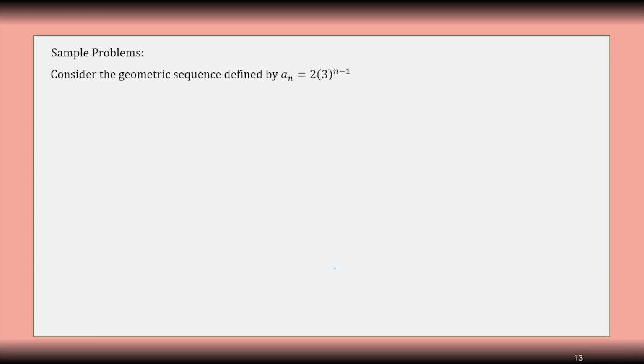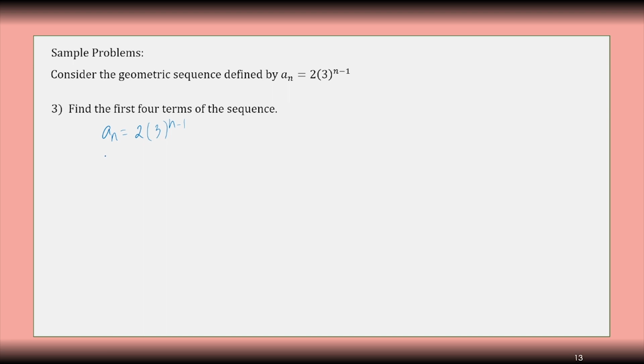Next one. Consider the geometric sequence defined by a sub n is equal to 2 times 3 to the power of n minus 1. Find the first four terms of the sequence. First, let us find a sub 1. Using a sub n equals 2 times 3 to the power of n minus 1, our first term is 2 and our common ratio is 3.